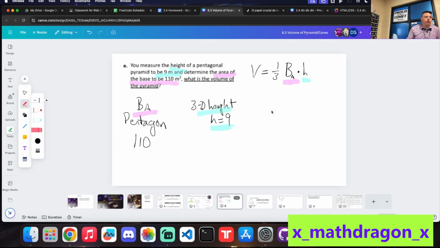And then they're asking for the volume. So the volume equals 1/3 times the base area times the height. So height, base area, substitute it in, and don't do extra work. Like you're working too hard. And you should get 330 meters cubed.